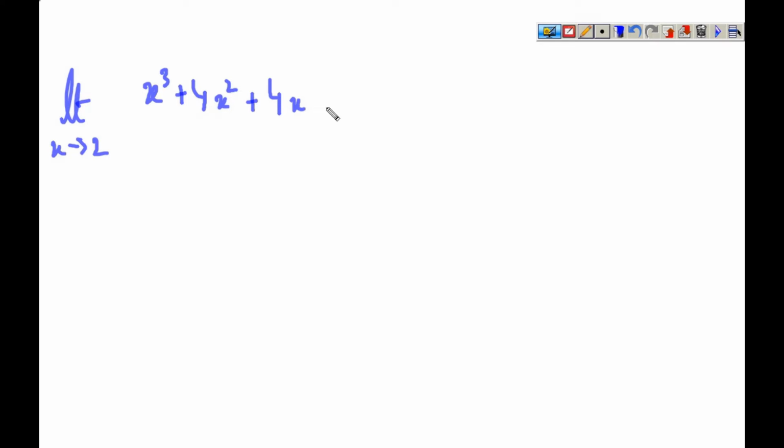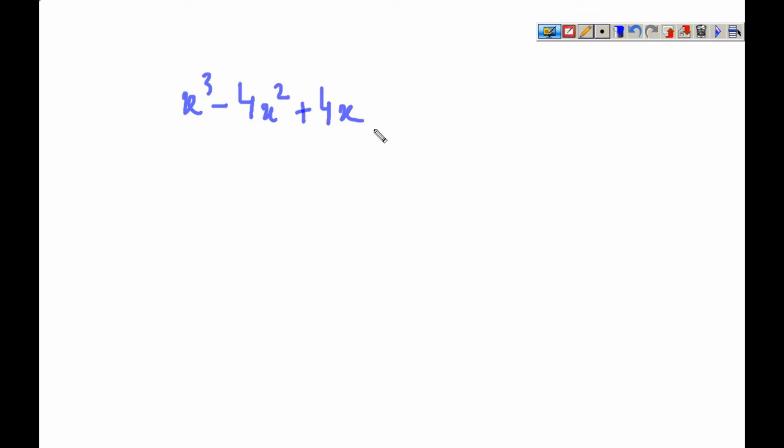Sorry, let me rewrite this equation. We have x cube minus 4x square plus 4x, right? And we need to expand this function.